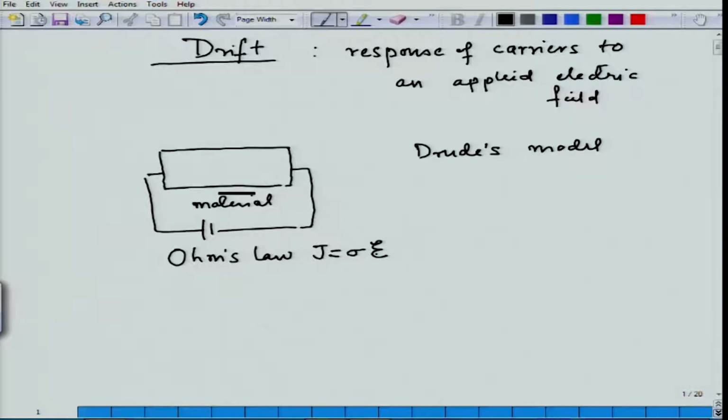Now, in order to explain this Ohm's law, we started the discussion in this course to understand how electricity is conducted inside a material, and then the progression from there. We realized that the classical picture of just negative carriers as electrons carrying the current was not sufficient to explain the electrical conductivity in all materials, and so it led to quantum mechanics, and then from quantum mechanics to the electronic structure of materials.